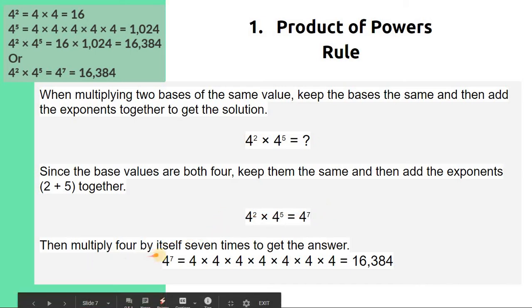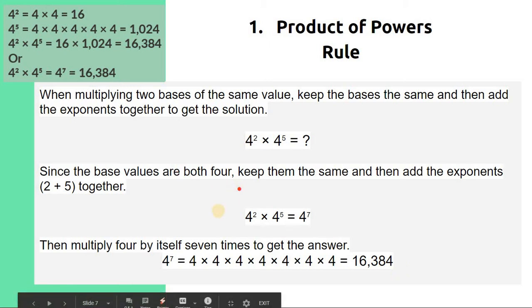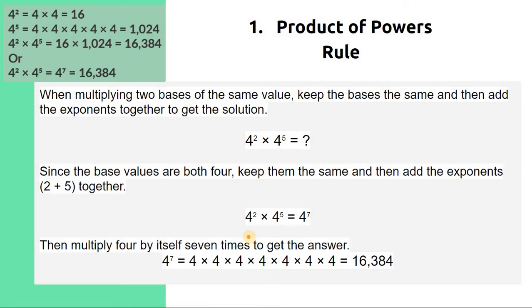And then what you will do is multiply 4 by itself 7 times, based on the exponent or power written. So 4 times 4 times 4, until you reach 7 times. If you do that, your answer should be 16,384. Again, this rule is called the product of powers rule.